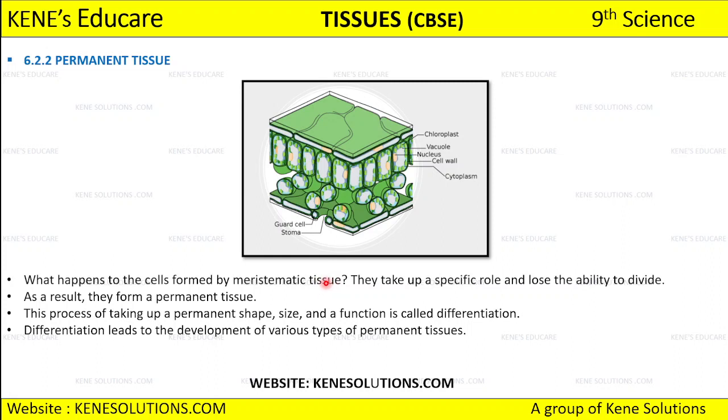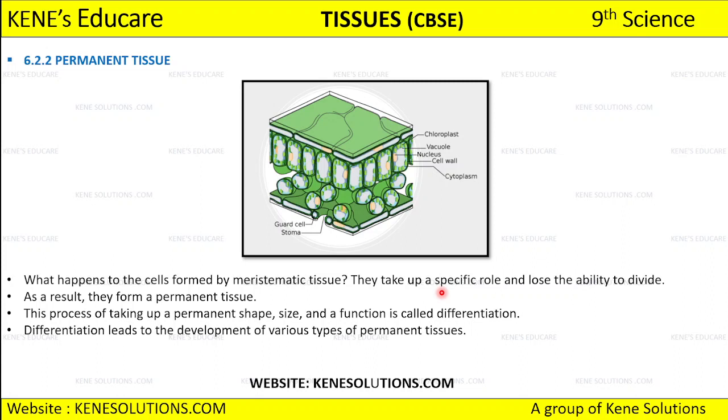Okay, so these meristematic tissues, what are they going to do? They take up a specific role and they lose their ability to divide here, and as a result they form a permanent tissue. What do they form?